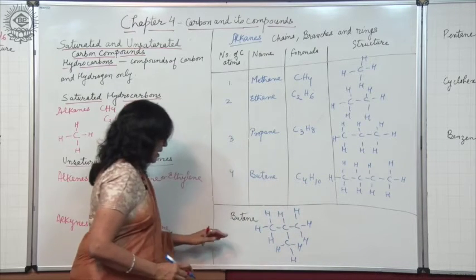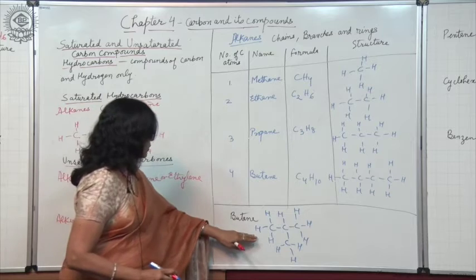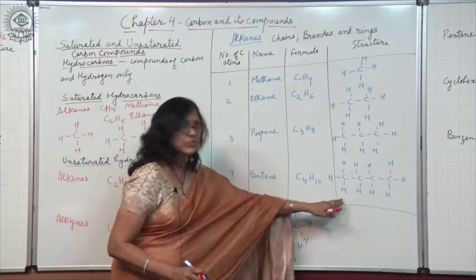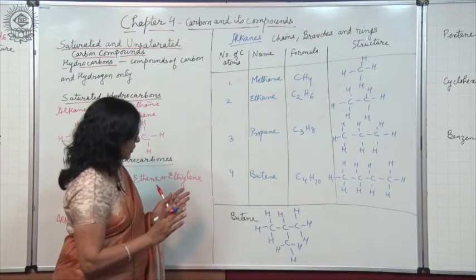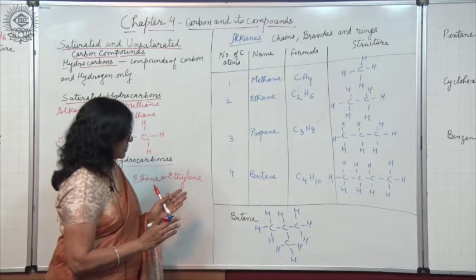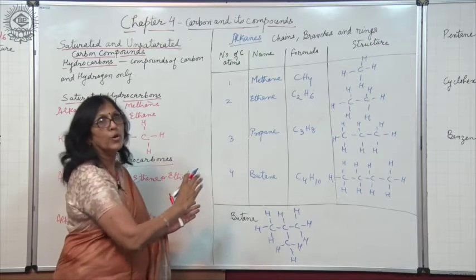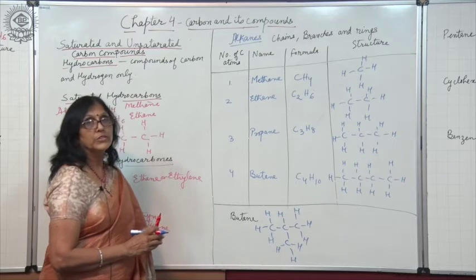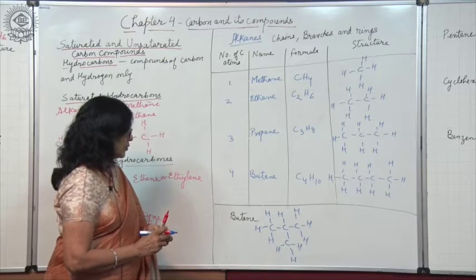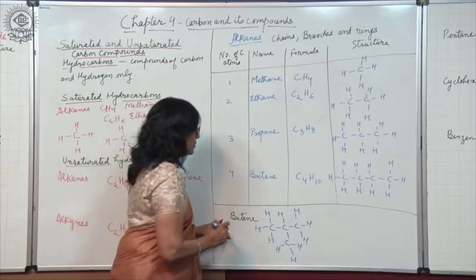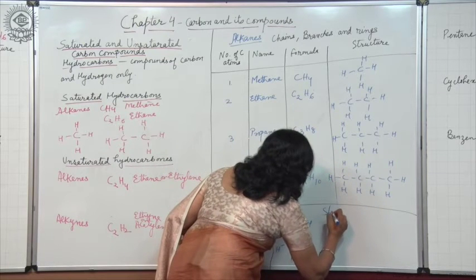Okay. Now, what similarity do you see between this and this? The structure is different, but see that the molecular formula of both is the same. So, such compounds are called structural isomers.